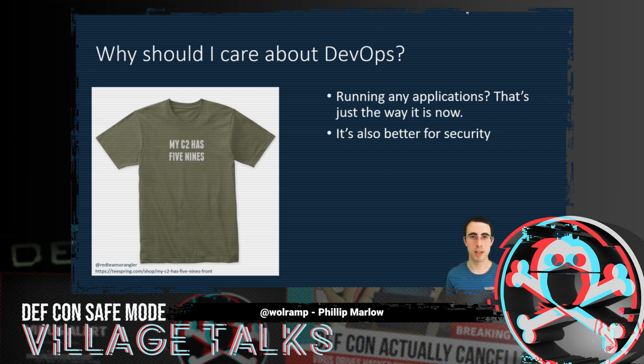If you're a blue team trying to implement monitoring and detection, it helps to have DevOps. For application security, DevOps is the way of life now. And it provides all these security benefits on top of reliability benefits and maintainability benefits for the other parts of the business.